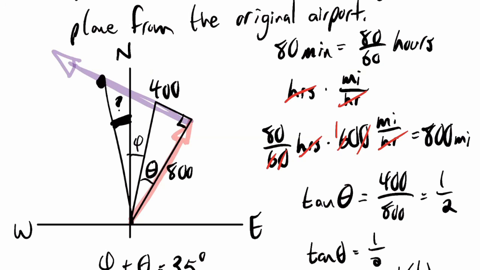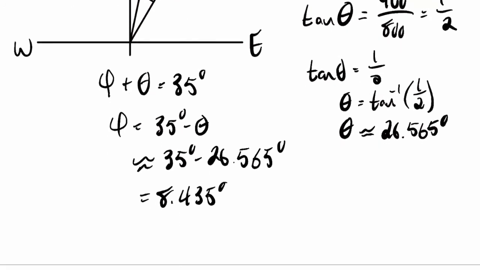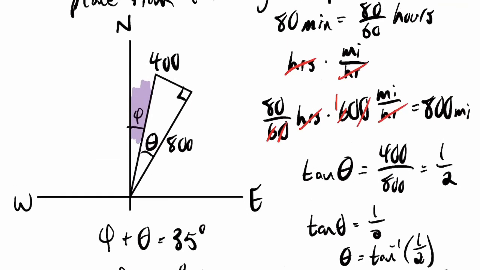That determines how you refer to their new bearing. So in the case of what we've calculated after the 40 minutes, this angle right here is how you refer to the bearing, and this is the number we calculated to be 8.435. Mm-hmm. So their current bearing at that time would be north 8.435 degrees east.